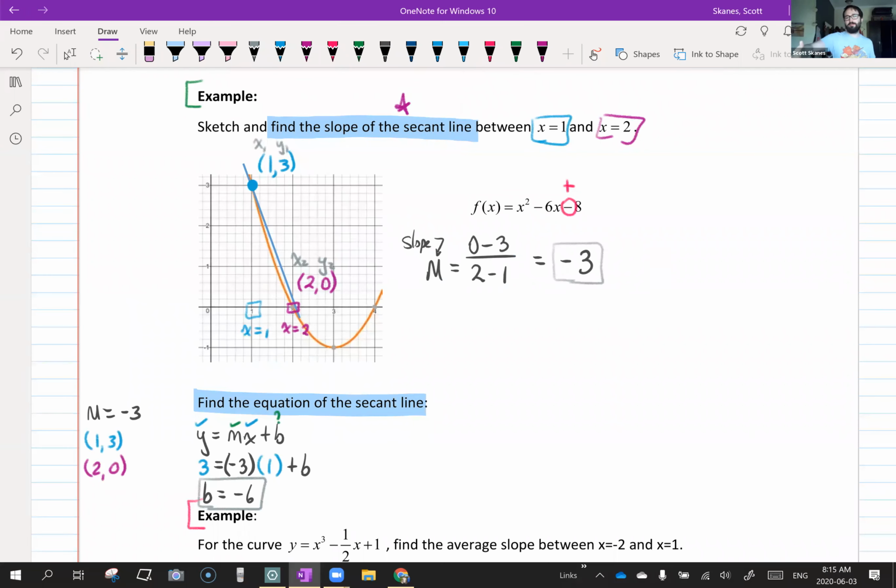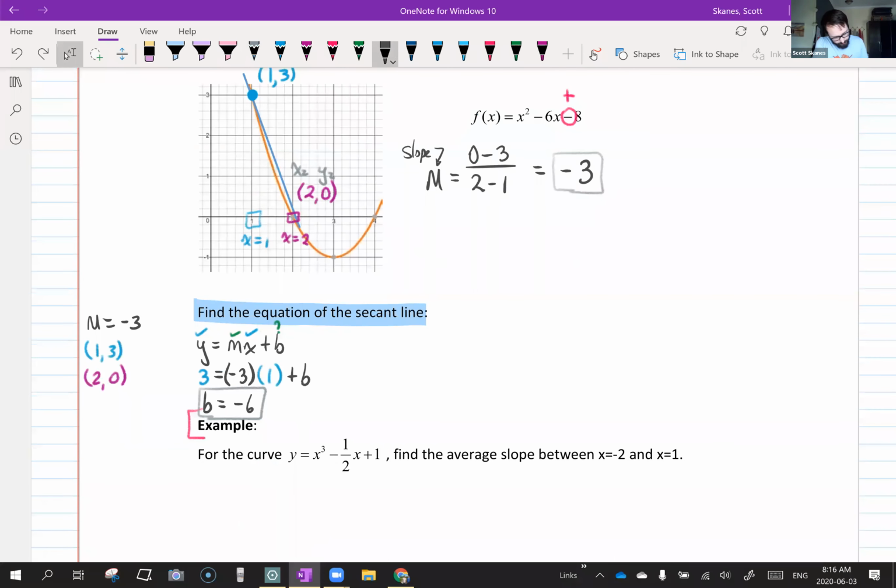And then the follow-up question was find the equation of the secant line. We have the slope, but we didn't have the equation, because the equation is this, right? We need to fill out the pieces. It needs to look like y equals something x plus something. So now that we have b, that's the first step.